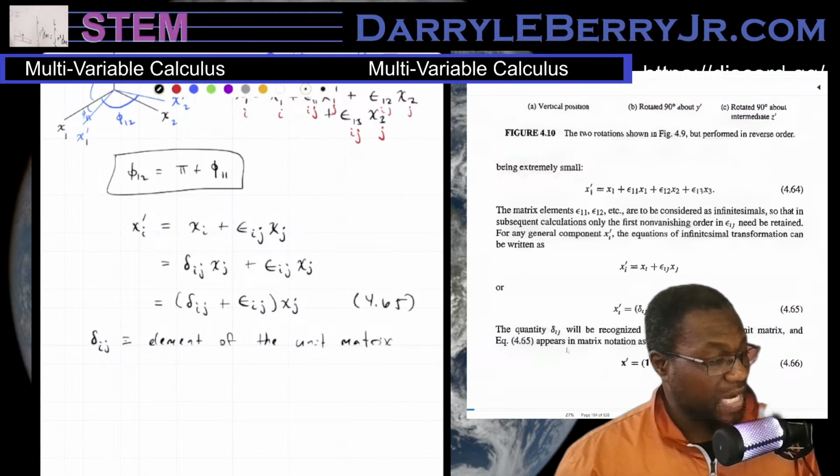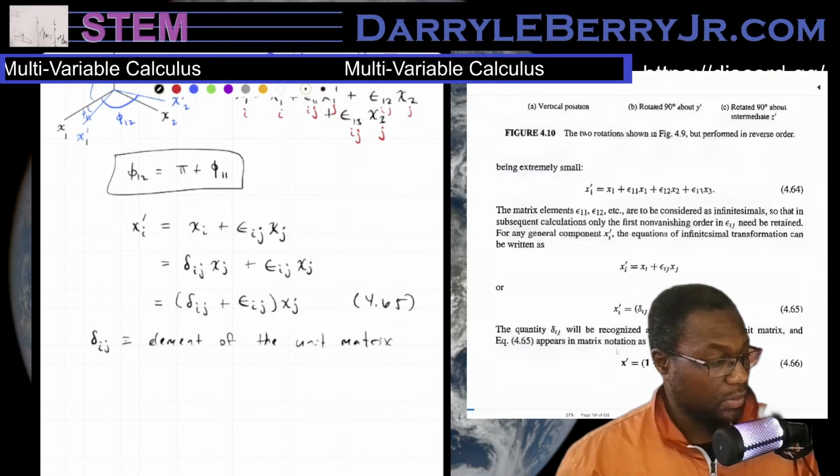And equation 4.65 appears in matrix notation, right?